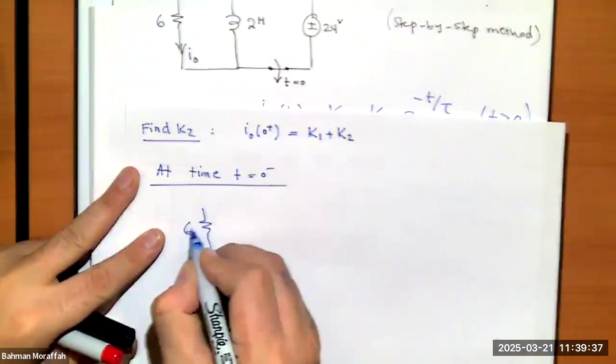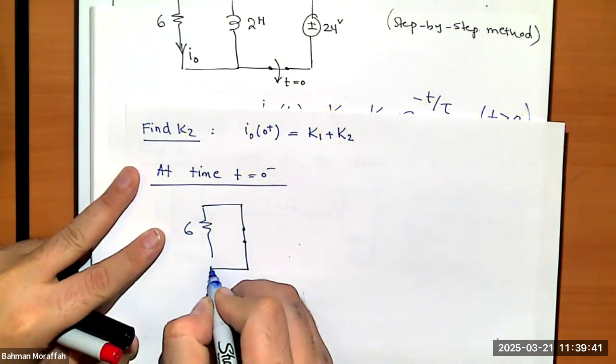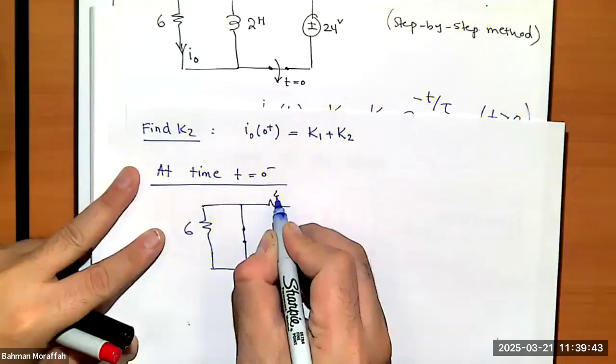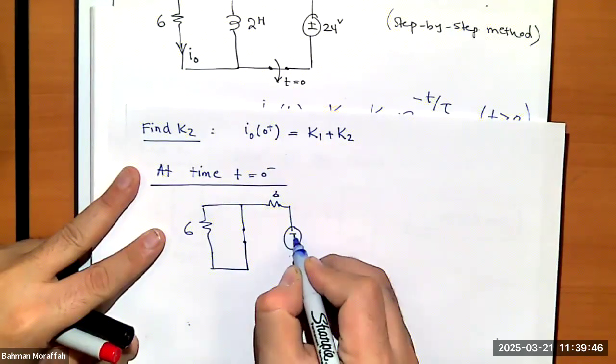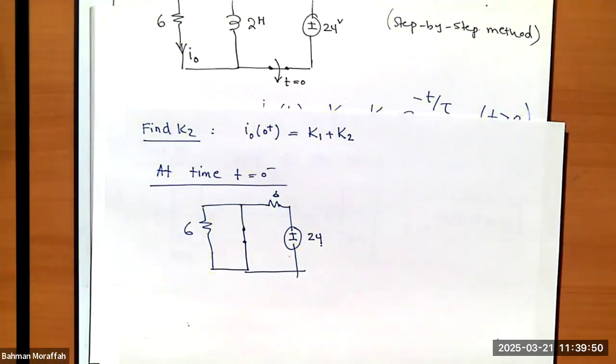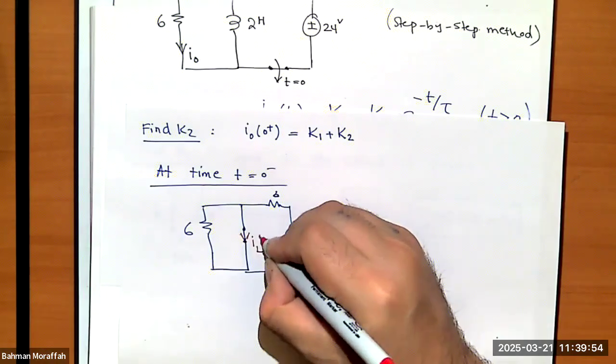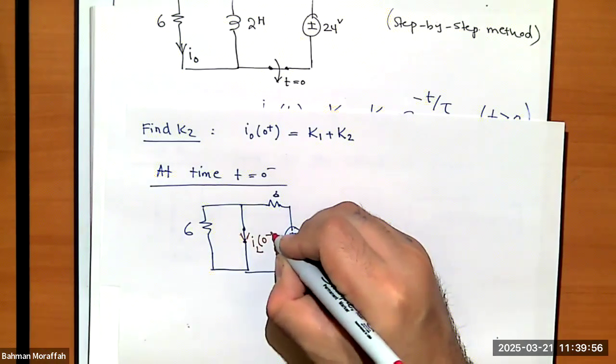So at time 0 negative, my circuit is this. I have the 6, my inductor becomes a short circuit, I have this 24, and the switch is closed. All I have to do is find IL at time 0 negative.